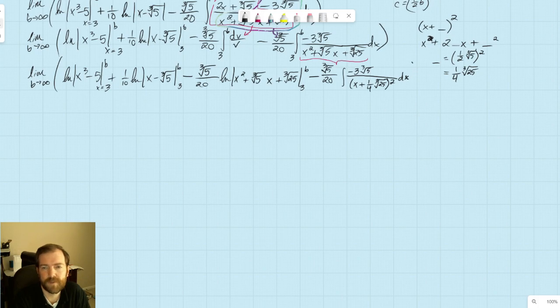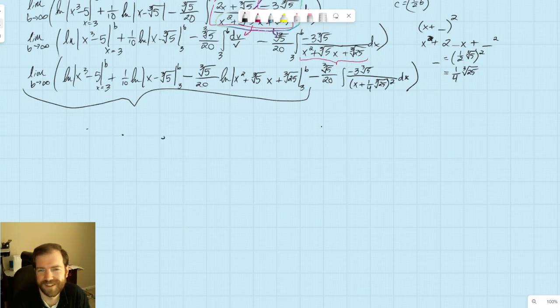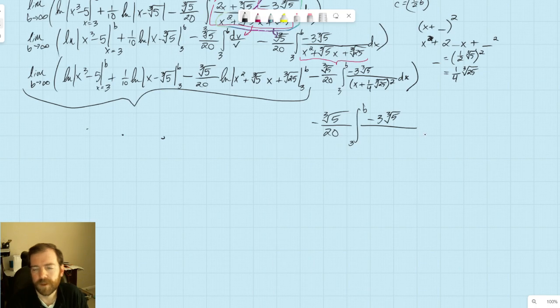All right, so at this point, all of this stuff is just going to be dot, dot, dot. Okay, minus cube root of 5 over 20 times the integral going from 3 to b, -3 cube root of 5 over. So trig integrals, we say here, this looks an awful lot like something all squared.